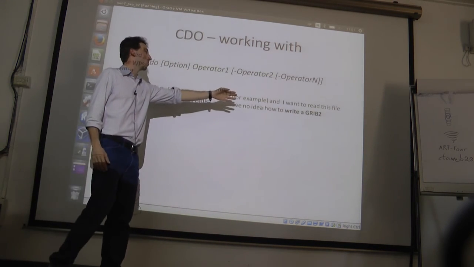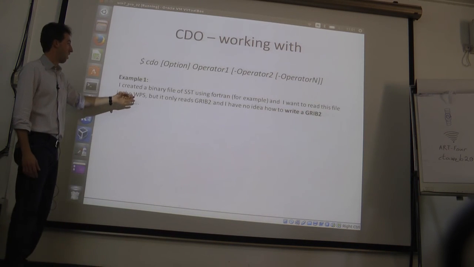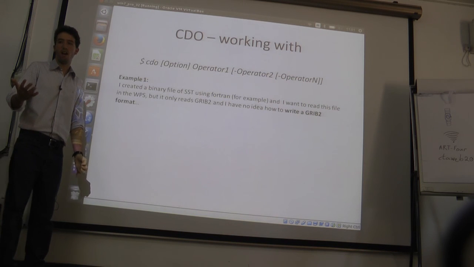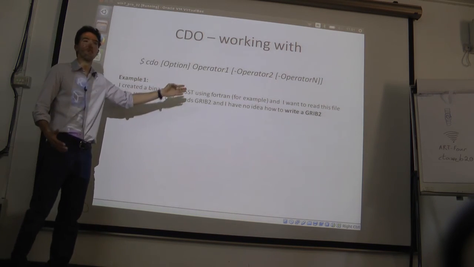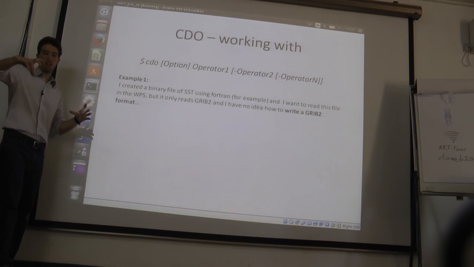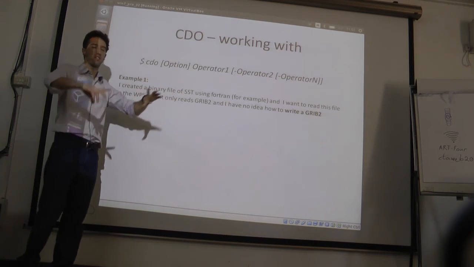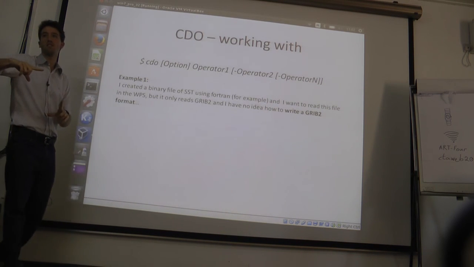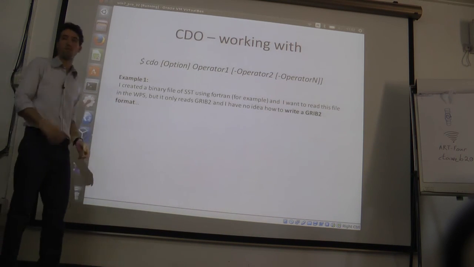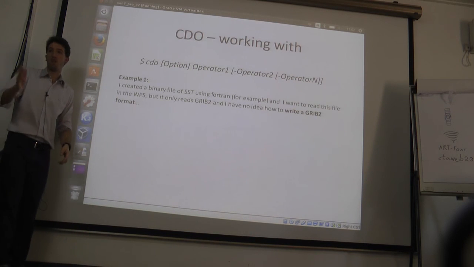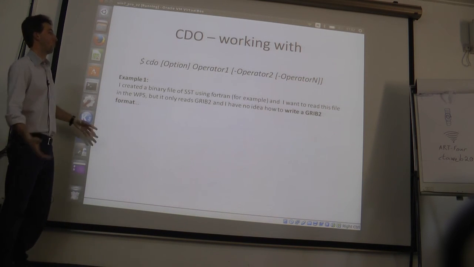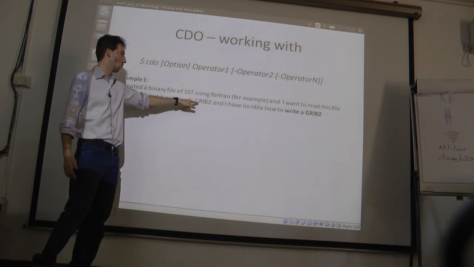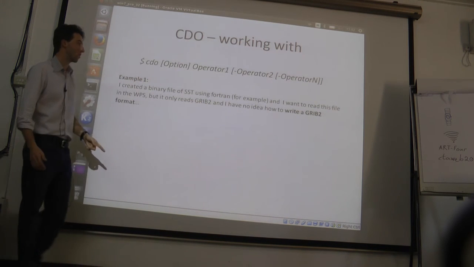So I want WRF to read with the WPS, for example, my SST file. I created a sea surface temperature file, and I want WRF to use this SST file instead of the default from the GFS, for example. And how do I do it? If I wrote a simple binary, WRF only reads grib2 files.